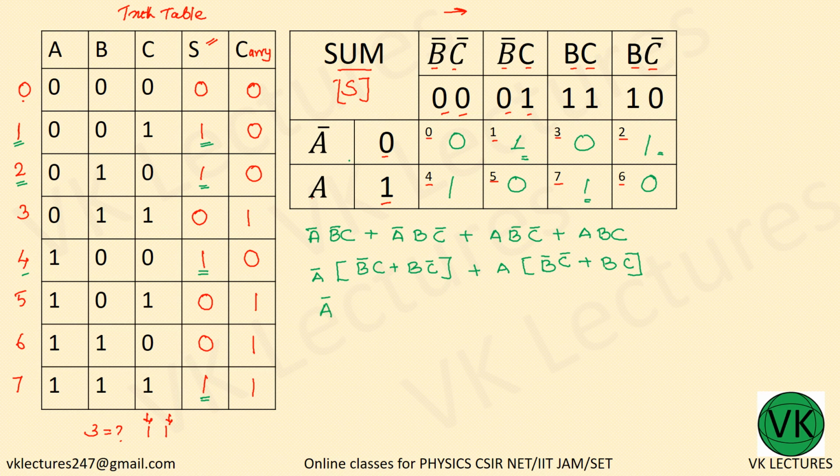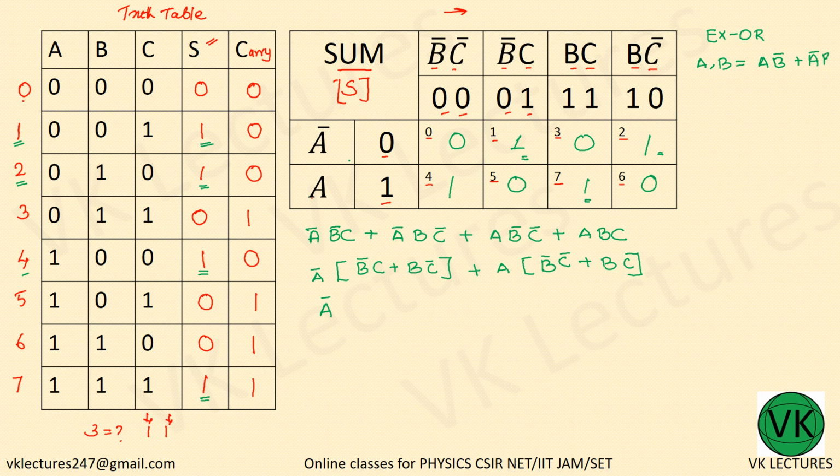B bar C plus B C bar is B XOR C, that is exclusive OR of A, B is equal to A B bar plus A bar B.